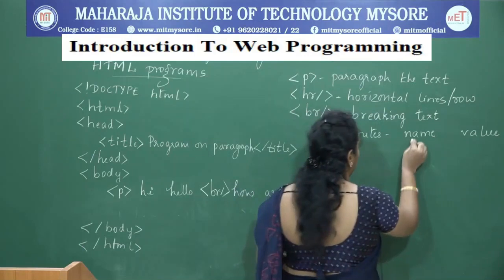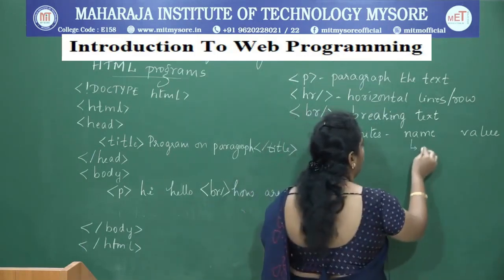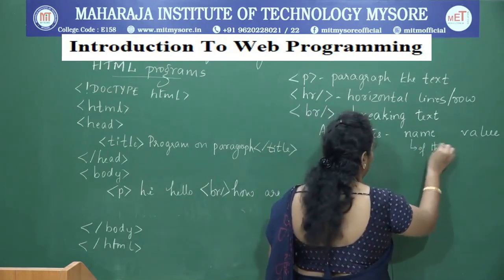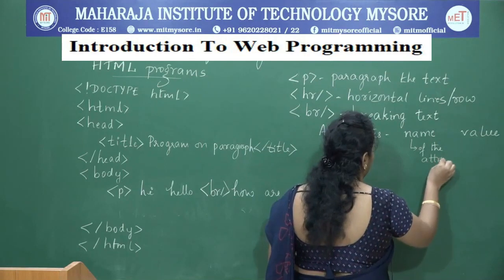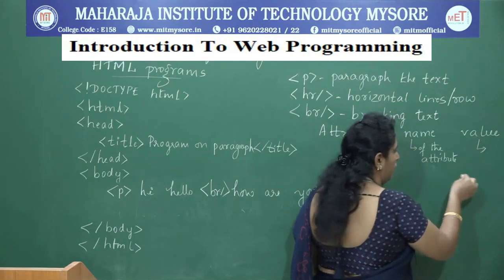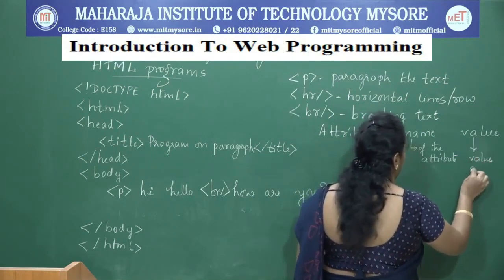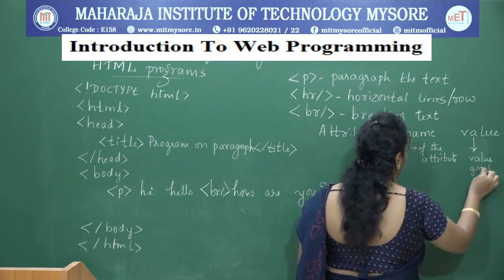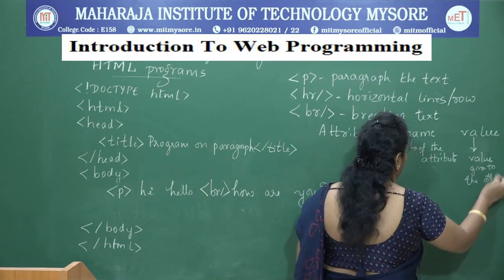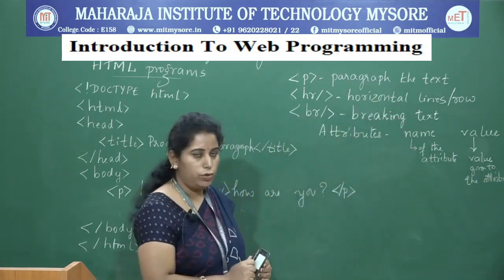Name means the name of the attribute. Then value means the value given to the attribute.